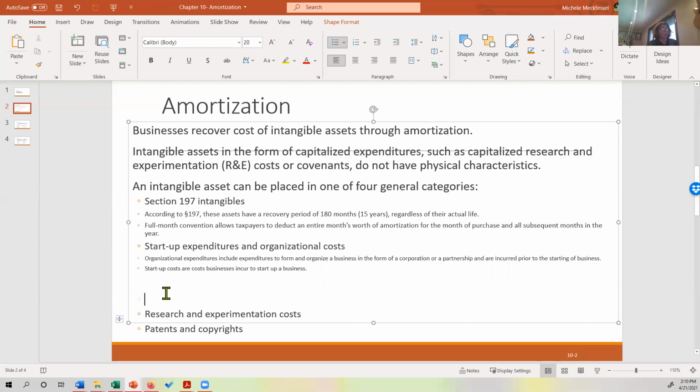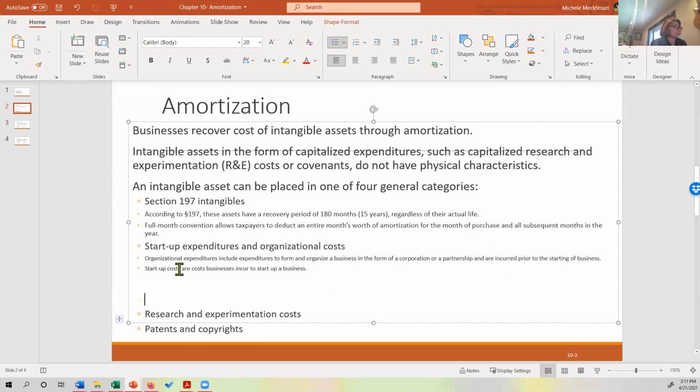Okay, so organizational expenditures are legal fees, all of your costs related to setting up the corporate structure of a business.